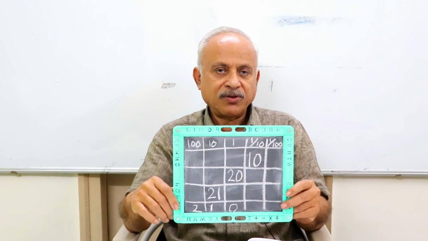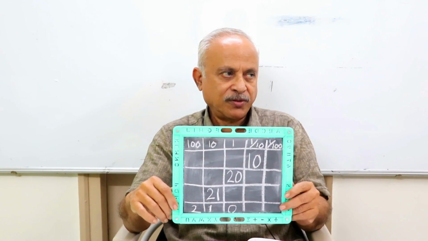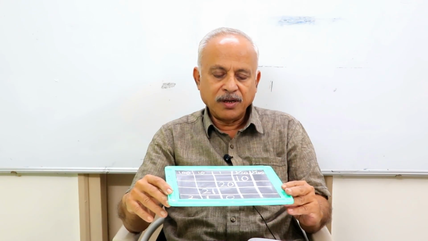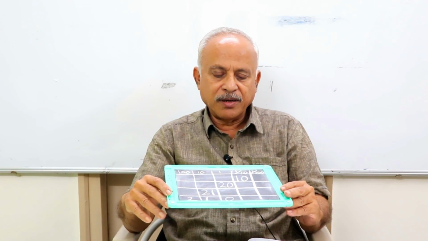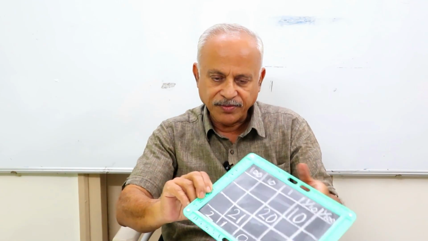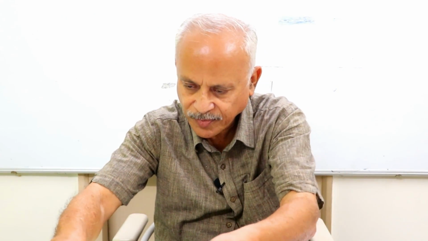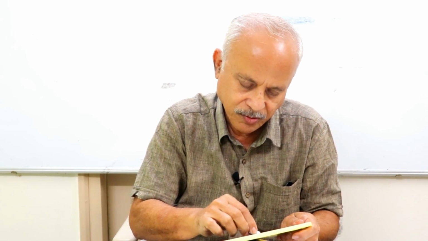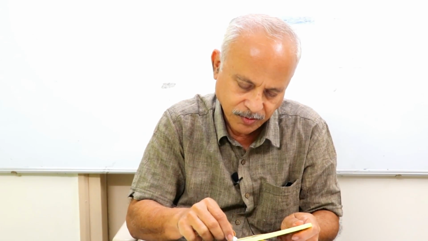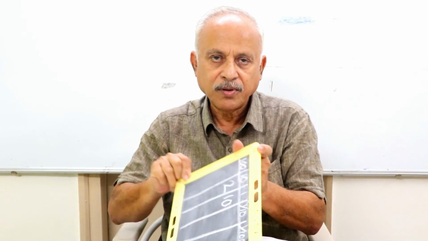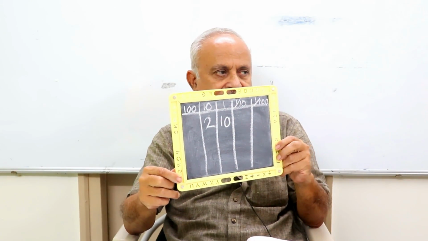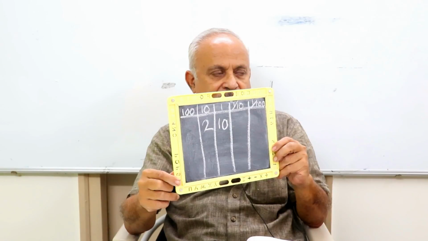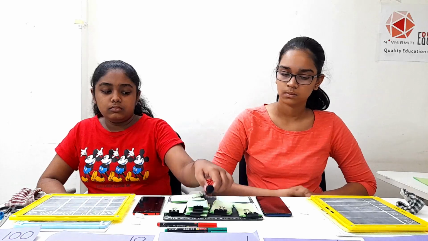But now let me come to the point where we have to be careful. Can you tell me, by looking, Jyoti, look at this number. Can you tell me how many rupees this is? 21.